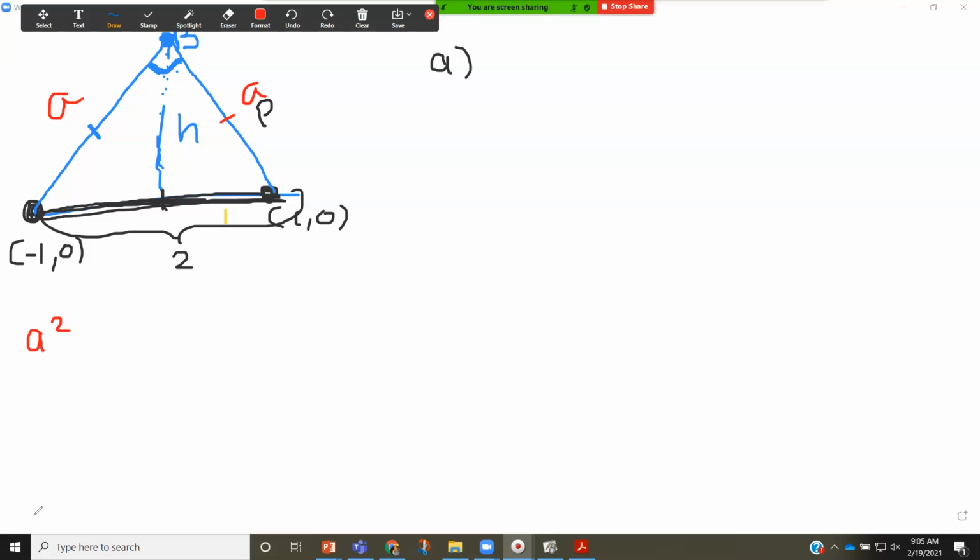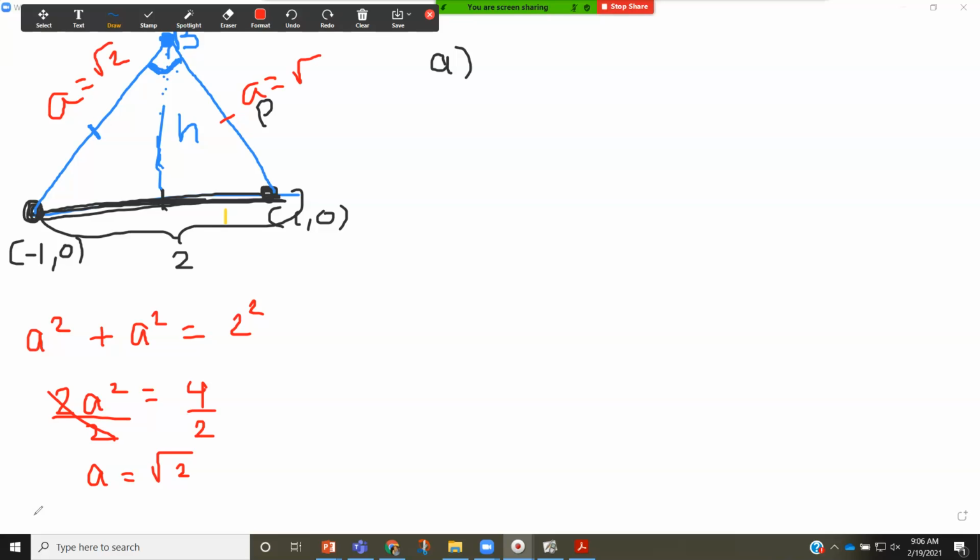So you have a squared plus a squared equals 2 squared. So I have 2a squared equals 4. Divide both sides by 2, and I get a equals root 2.